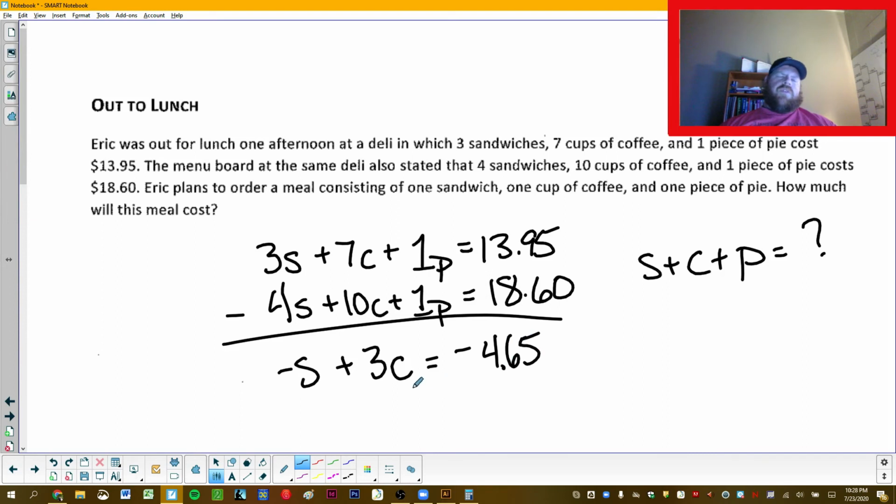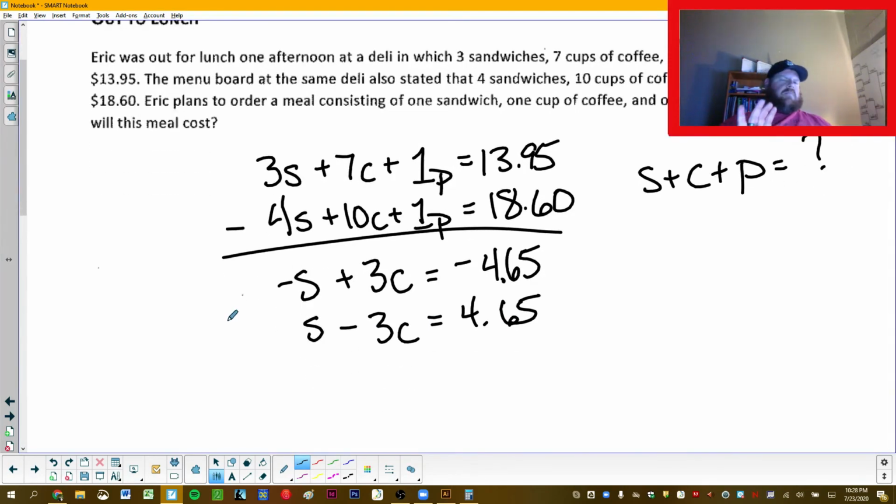Not really helpful with the negatives. Let's go ahead and move those negatives. Let's say that 1 sandwich minus 3 cups of coffee is equal to 4.65. That looks a little bit better.